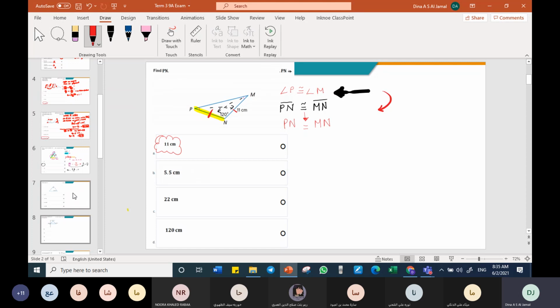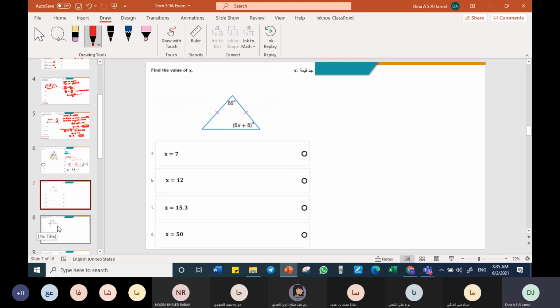Now let's have a look. The question 6. He would like me to find the value of x, and I'm having a triangle with symbols like this. What can I understand about this triangle? Can anyone tell me what will be the type of this triangle?